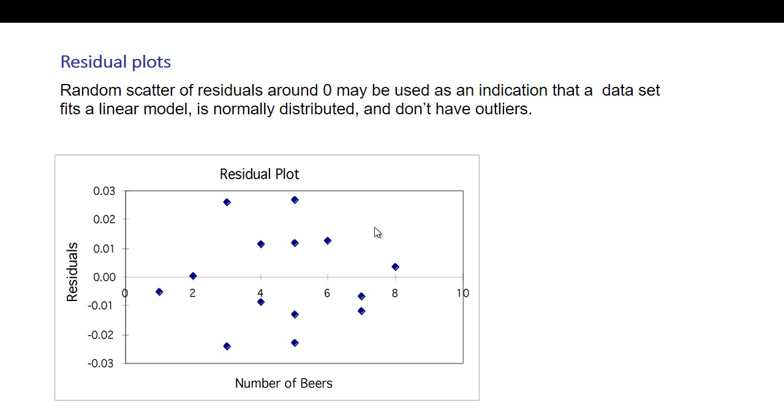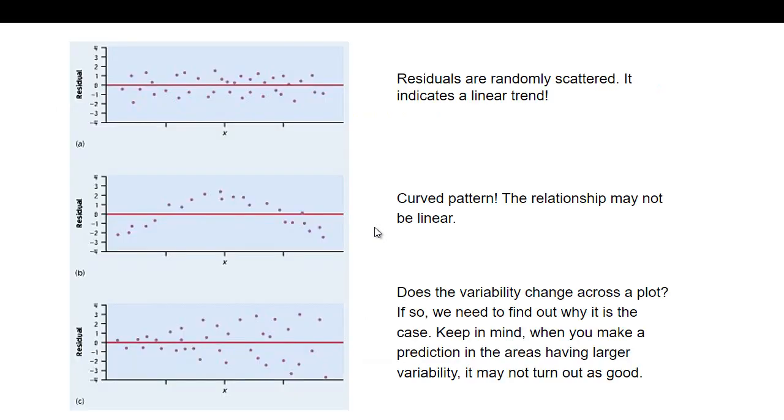So again, if the residuals are randomly scattered around 0, that's an indication that a data set may fit a linear model. In the first figure, the residuals are randomly scattered. It indicates a linear trend.